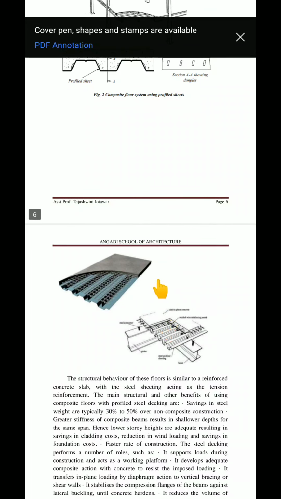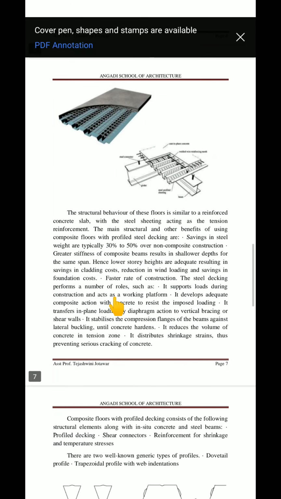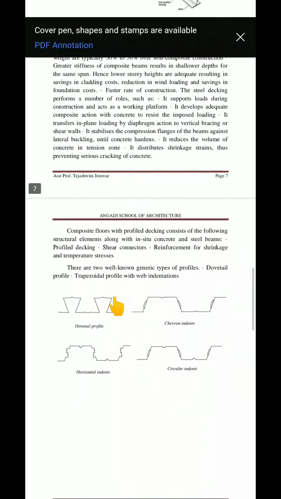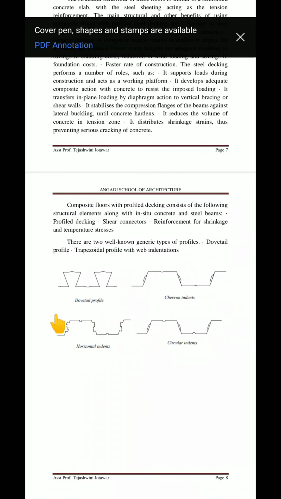This is a typical arrangement of reinforcement above the profile sheet, and concrete material. So there are different types of corrugations which are available in profile sheets.